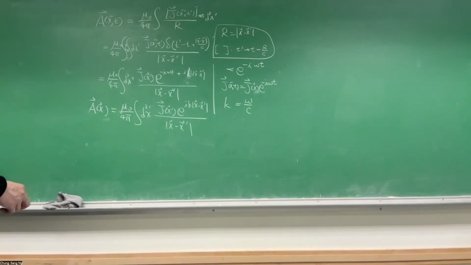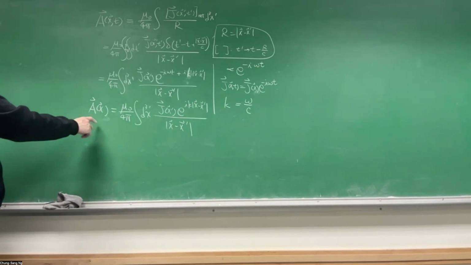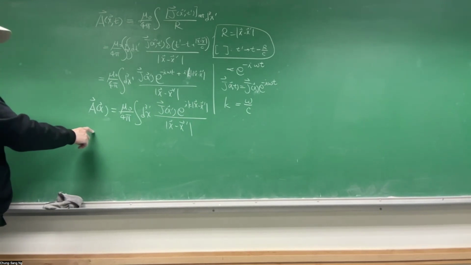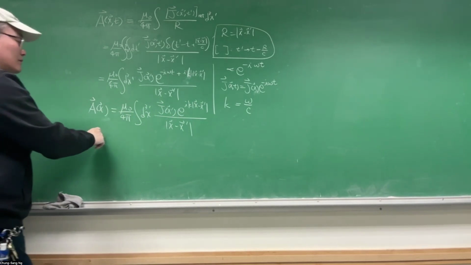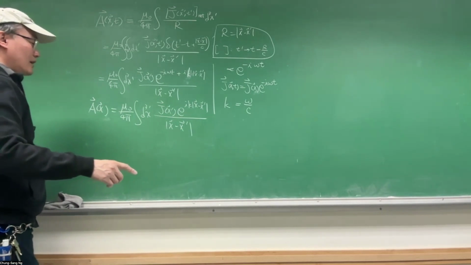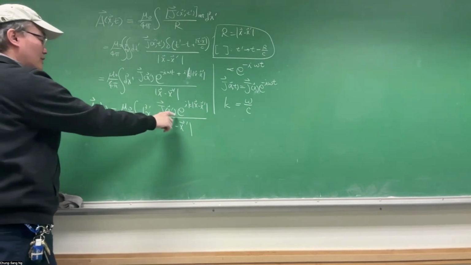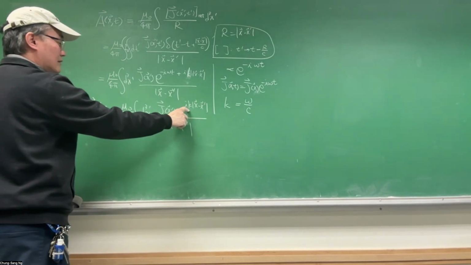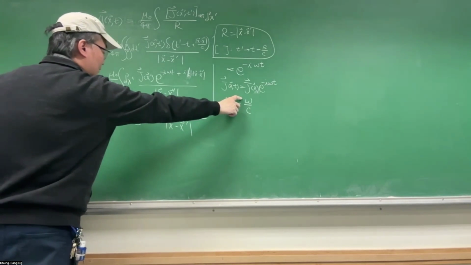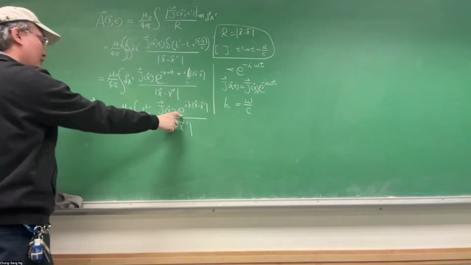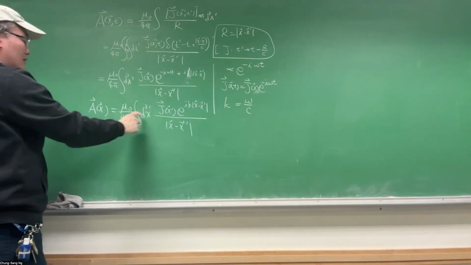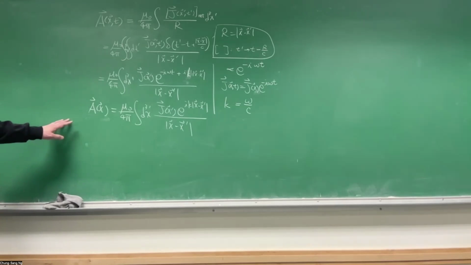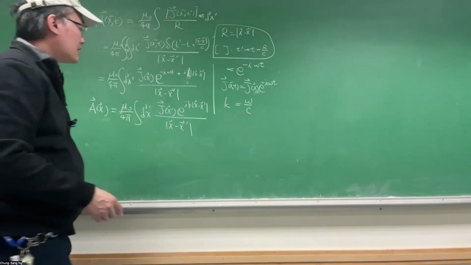Okay, so that's straightforward. And this formula is similar to our magnetostatic consideration, where we derived a similar equation for magnetostatics. In that case, we basically ignore this exponential factor, setting k to 0 or omega to 0. In case the exponential factor is 1, then this formula is exactly what we did for magnetostatics.